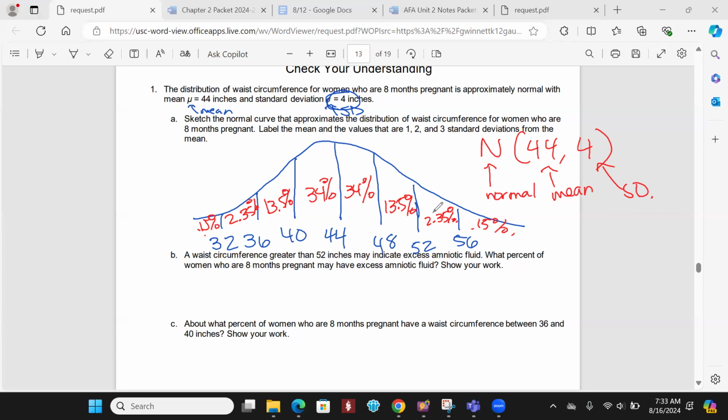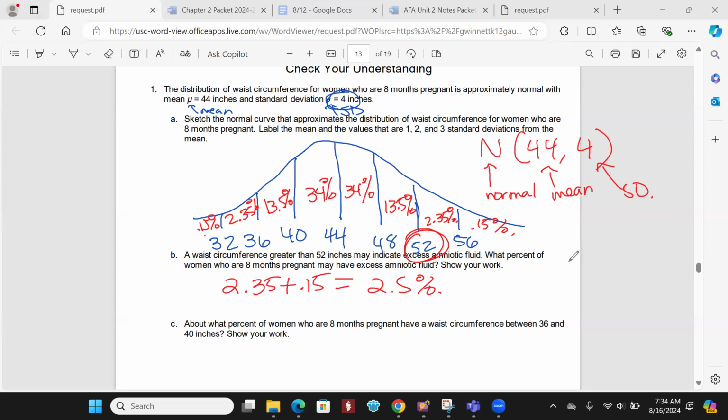So he said at 52, we're going to look what's greater than that. That's 2.35 plus 0.15. And that's going to give us 2.5%. Everybody good on that? Okay.